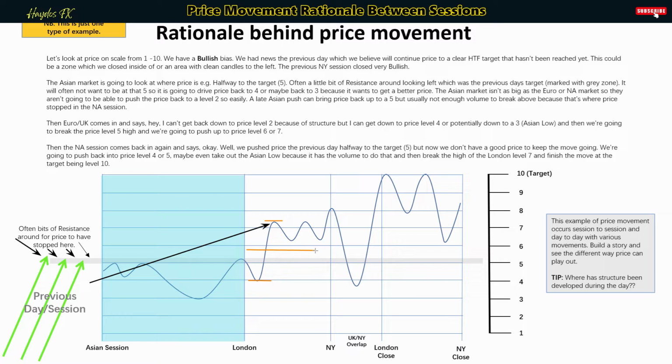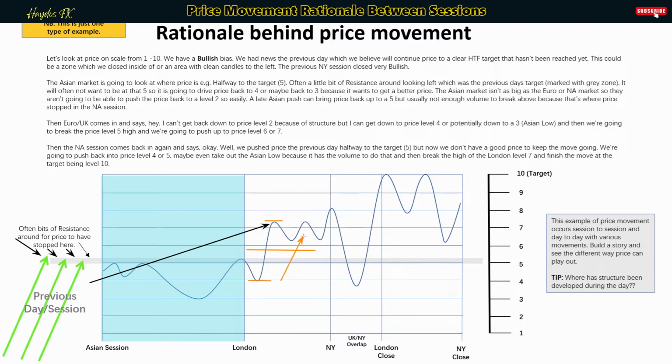I haven't illustrated it on here so well, but what I'll often get is a pullback from the highs back down to the 50% of the London range, and then New York volume can either bring it down a little bit lower, or they'll start to push it back up to the UK high.